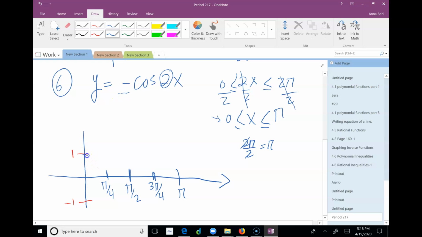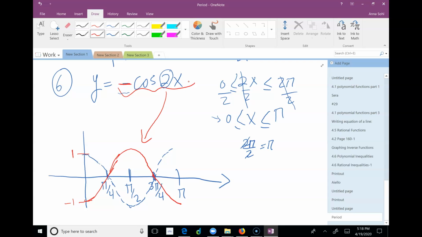If you are going with the regular behavior of cosine, I'm going to use broken lines. So that would have been the regular behavior. Now you are talking about negative cosine 2x. So you go from the bottom, top, back to the bottom. So that's the graph of negative cosine 2x. Okay. Let's do the next one.